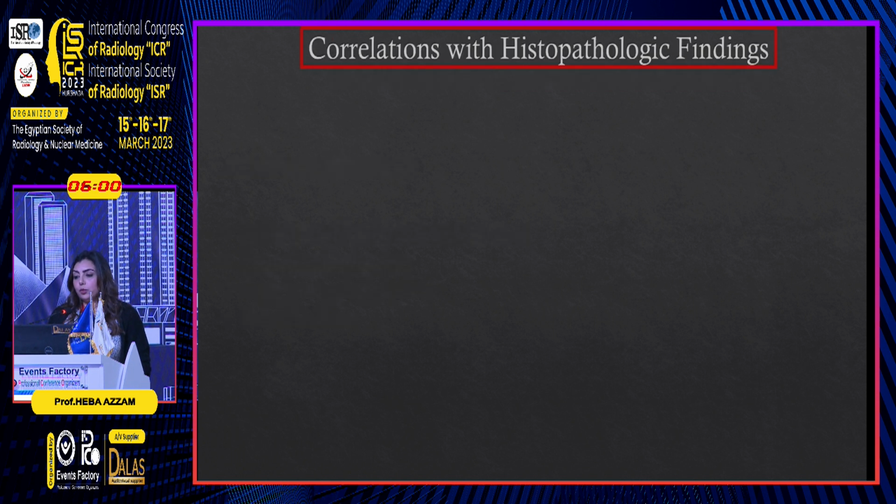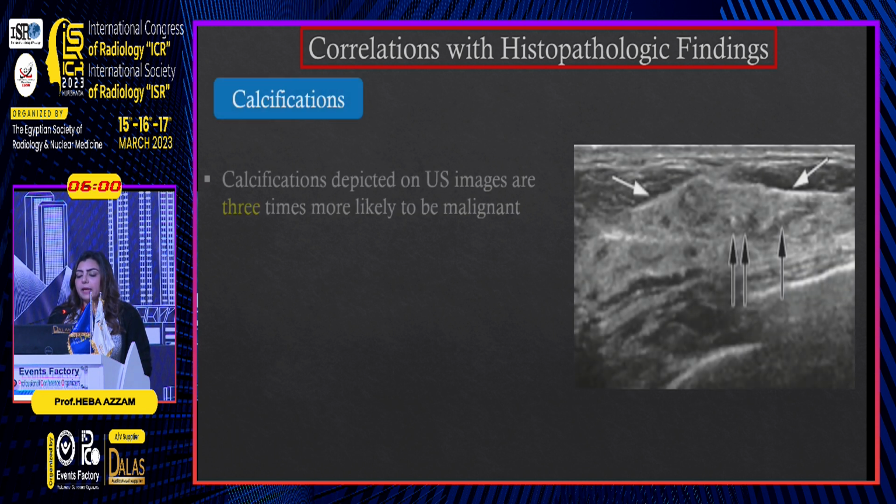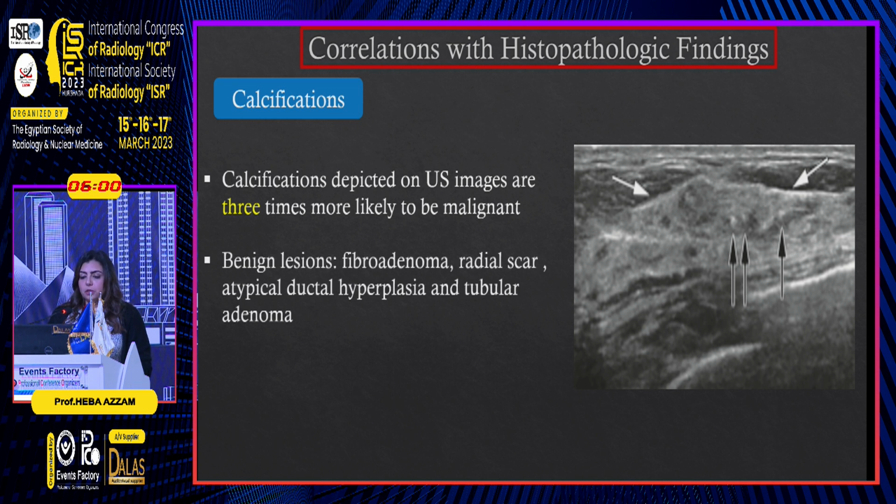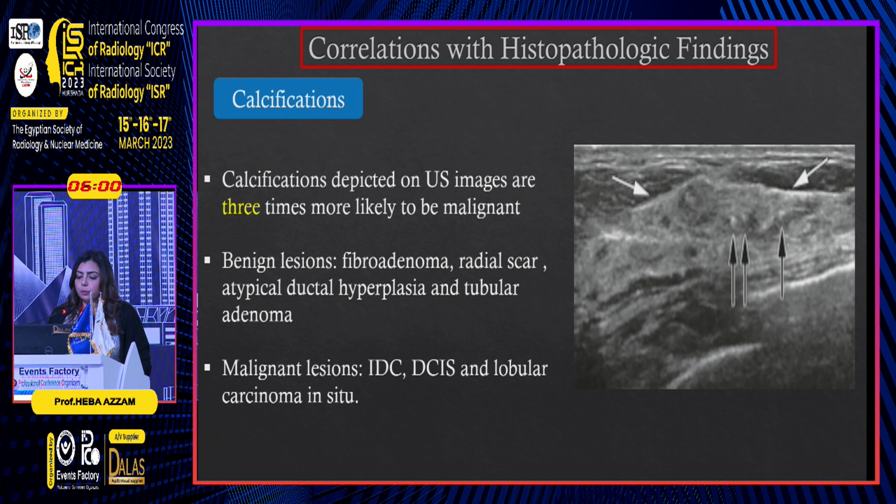In correlation with histopathological findings, it was found that cases with calcifications depicted on ultrasound images are 3 times more likely to be malignant than those without. Benign non-mass lesions showing calcifications include fibroadenoma, radial scar, atypical ductal hyperplasia, and tubular adenoma. Malignant lesions include invasive ductal carcinoma, ductal carcinoma in situ, and lobular carcinoma in situ.